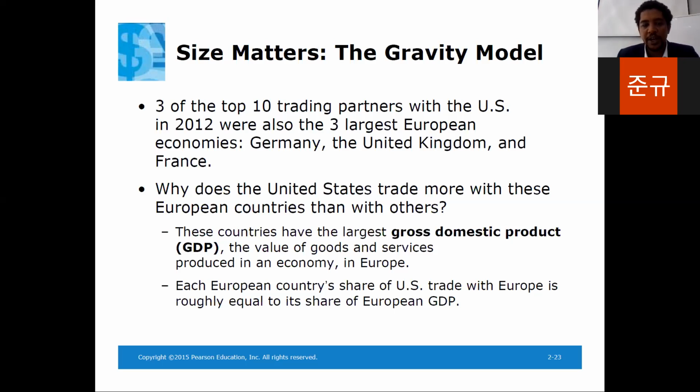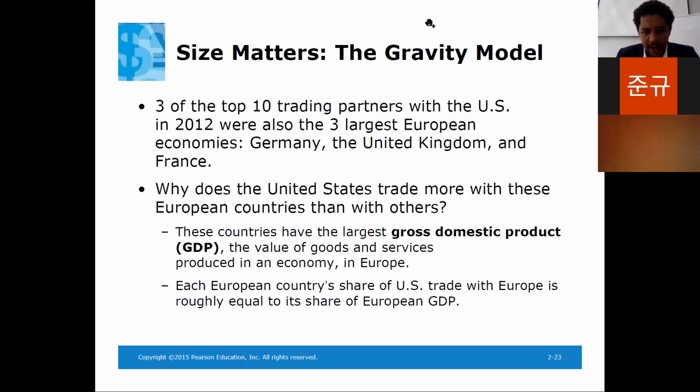Each European country's share of US trade with Europe is roughly equal to its share of European GDP. So the amount of trade the US has is proportional to the size of economy of the countries.